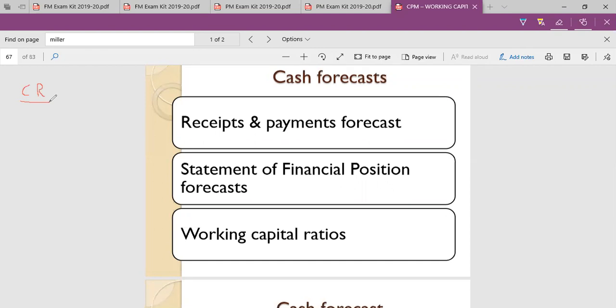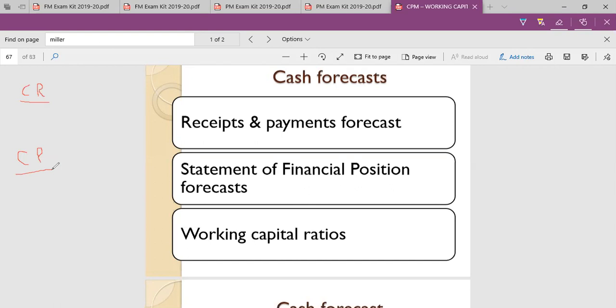After estimating the cash receipts, the second part of it, the cash payments, are also estimated. So what are the things for which cash is needed? Cash payments are to be made to the supplier, the one who supplied the material on credit basis.